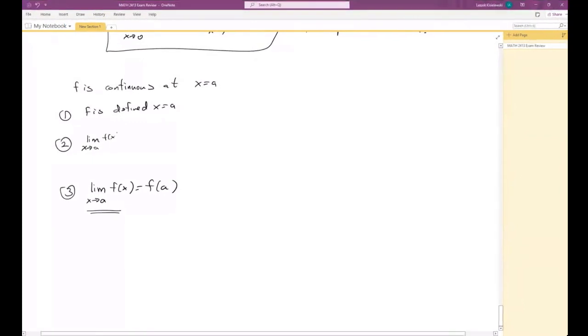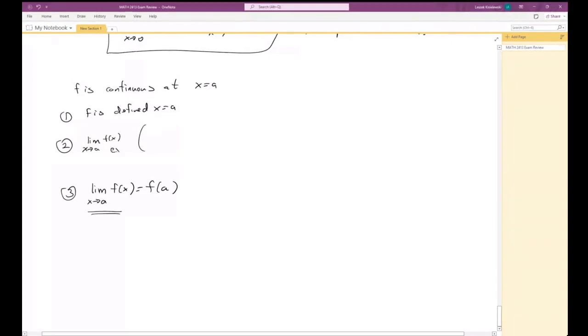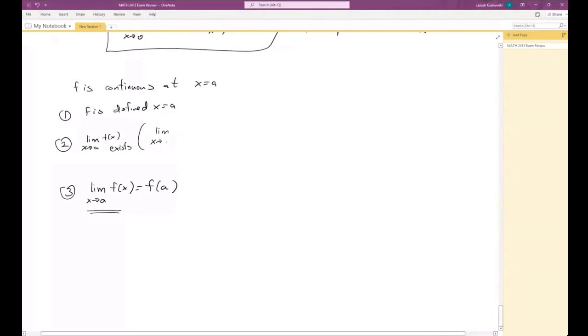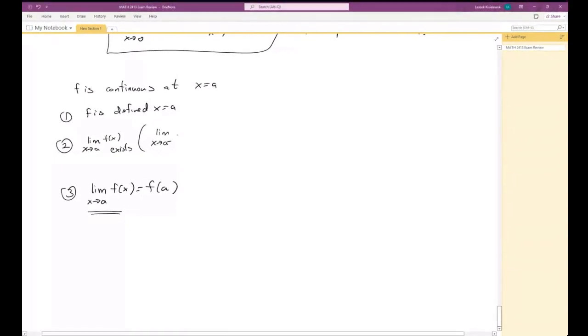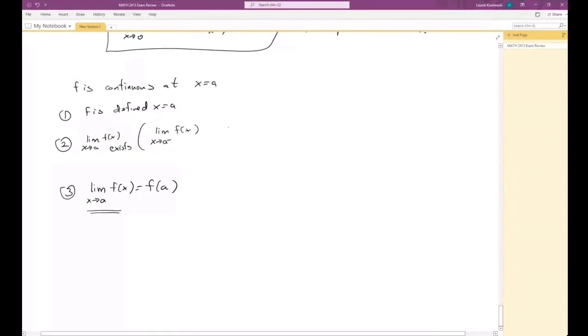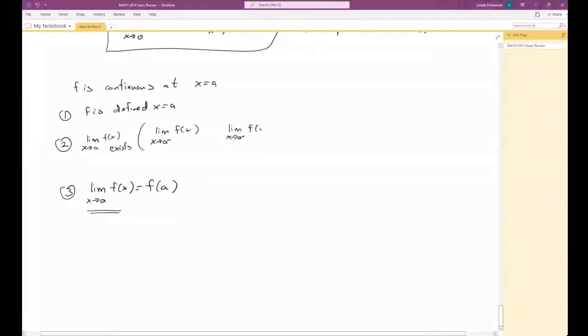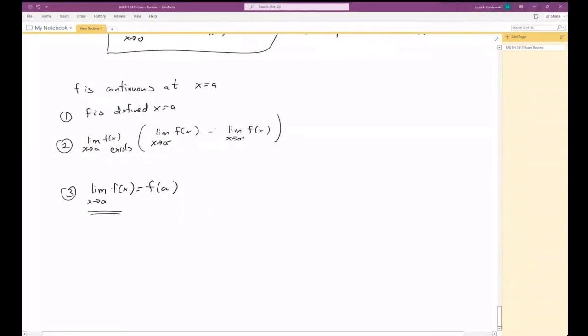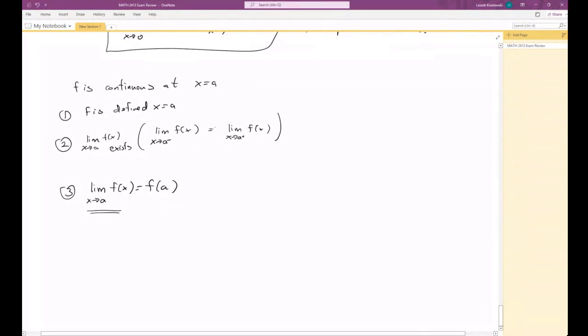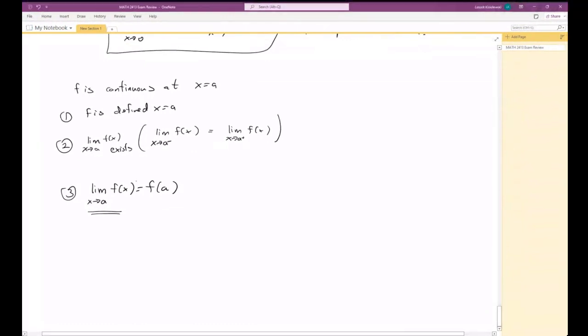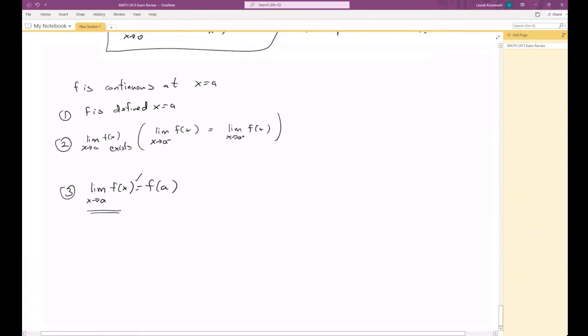Limits exist if the limits from the left and the right exist, and they're equal to one another, right? So parenthetically, this means that we're going to take two one-sided limits, check whether those exist, and find whether they match. So we know the limit in general will exist if the limit from the left and the right exists. And finally, you check for that equality.